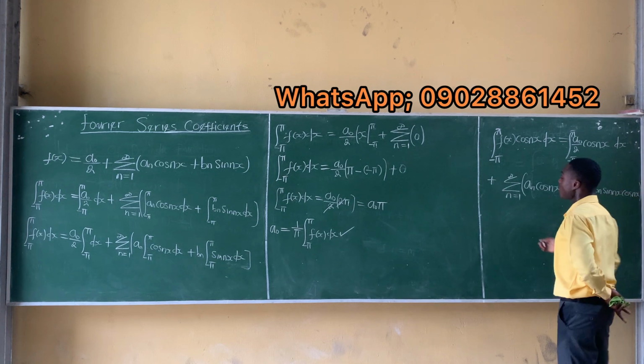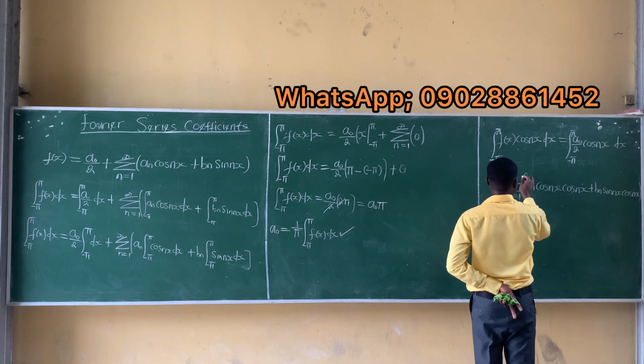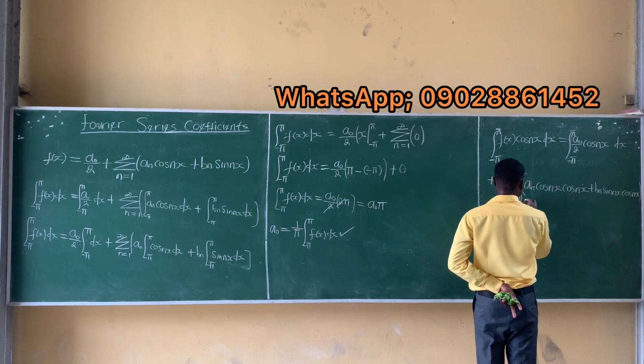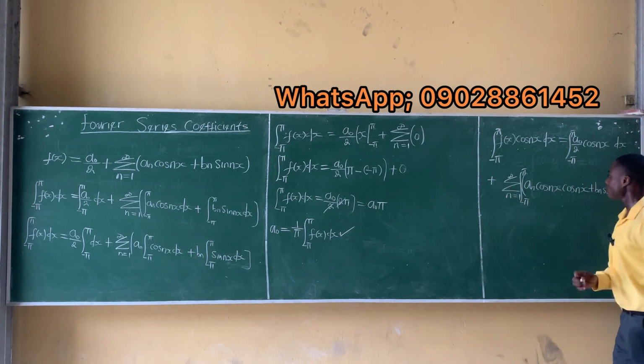So this is what we have, and then we integrate this from minus pi to pi, with respect to x.